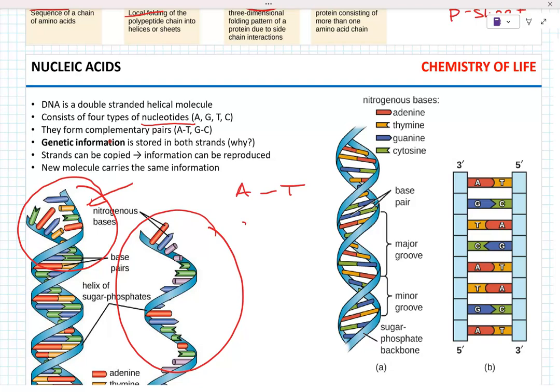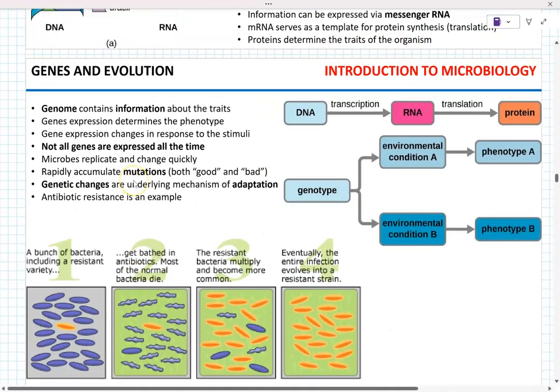If you have G in one strand, there's going to be C across it. Okay? So that allows coding. That allows the concept of a message, and what's important, this message can be copied and passed down from generation to generation. And this brings us to 2 most important concepts in microbiology: gene expression and evolution.